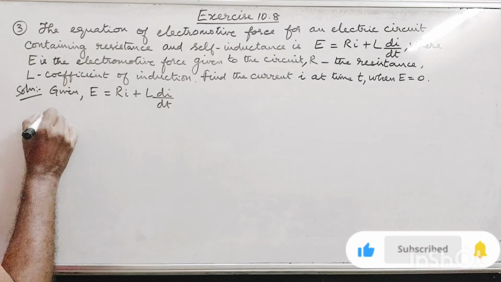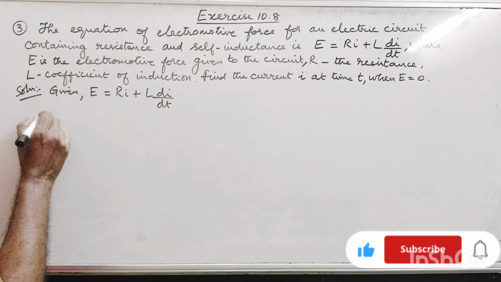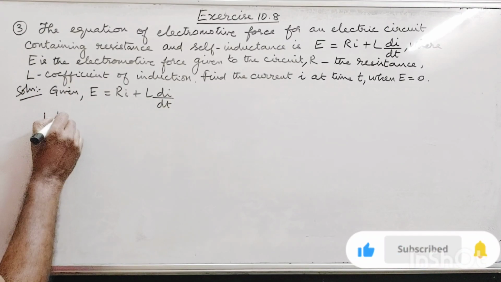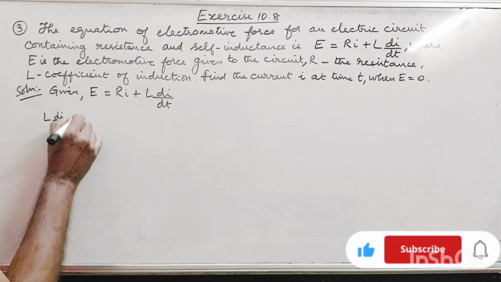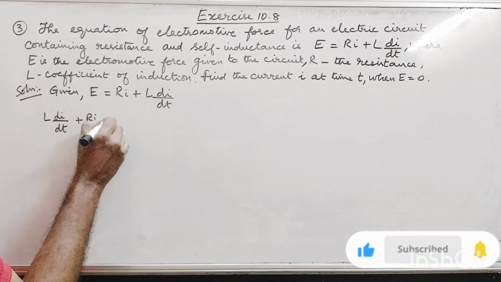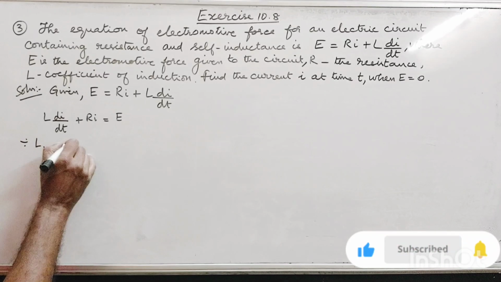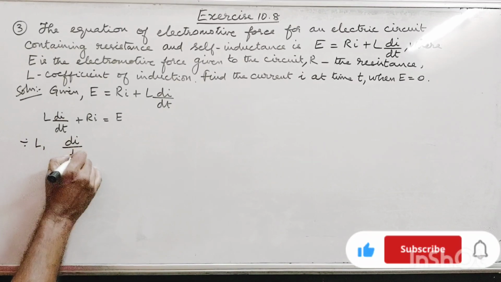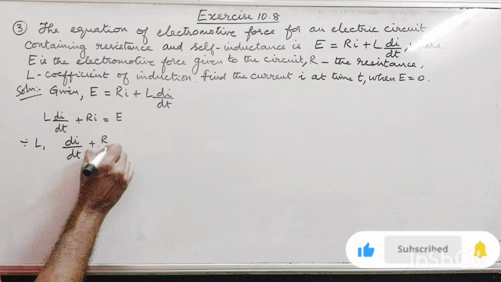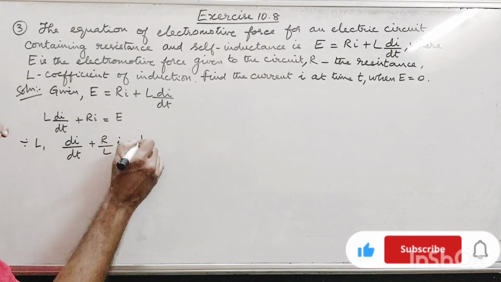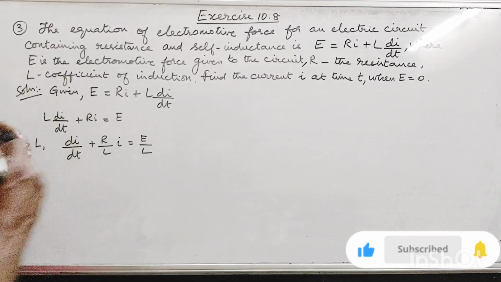Now I am changing this to the left hand side, that is L into di by dt plus Ri is equal to E. Dividing throughout by L, I get di by dt plus R by L into i is equal to E by L. Why?